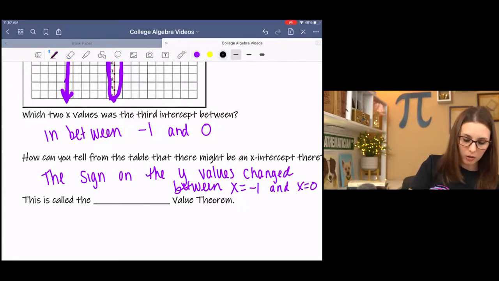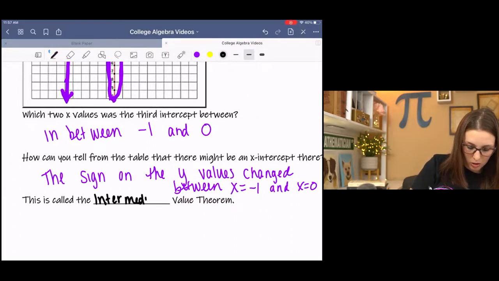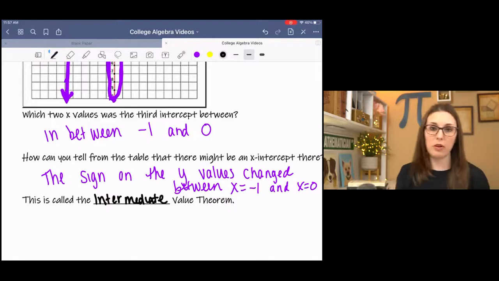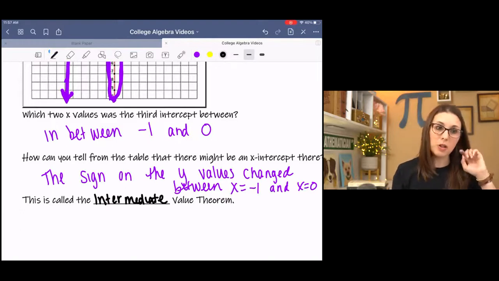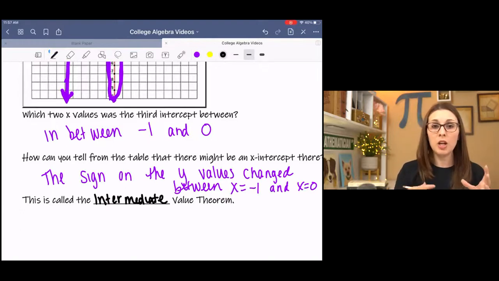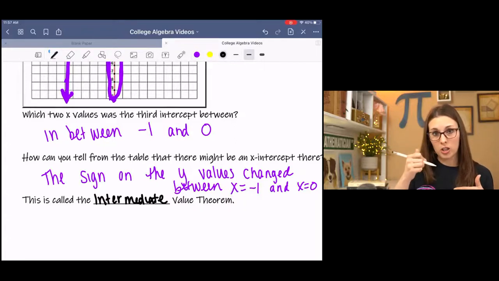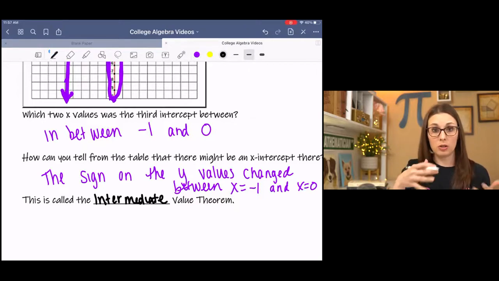This is called the intermediate value theorem. So if you're asked about the intermediate value theorem, that's what it's saying. You're locating that rational x-intercept by seeing that the y values changed, and that means there has to be an x value, an x-intercept, between them.